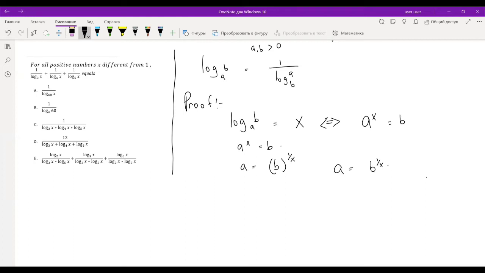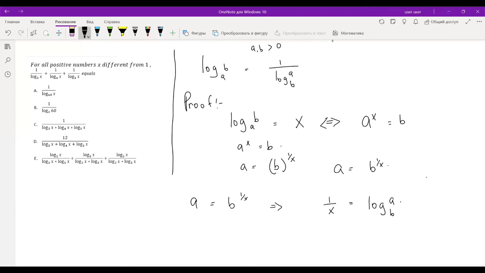Then, by using the converse, you can start from both sides. You can start with the log side, you can start with the index side. So from this fact, a is equal to b raised to power 1 over x, what does this imply? It implies that 1 over x is equal to log b base a.